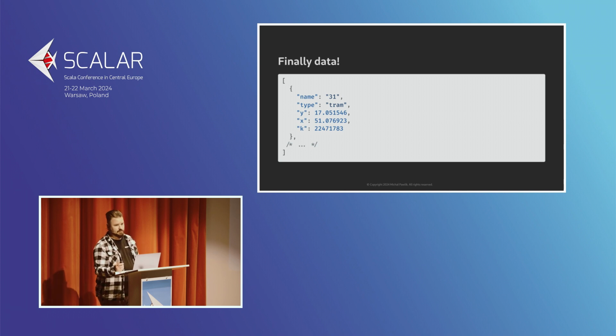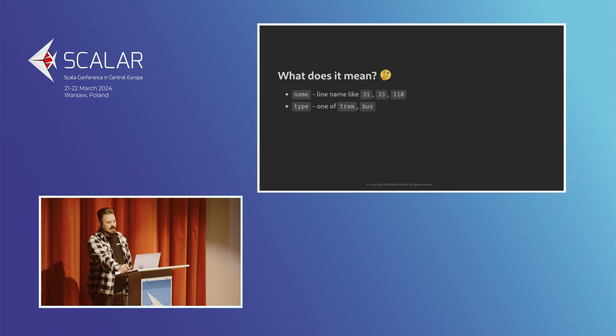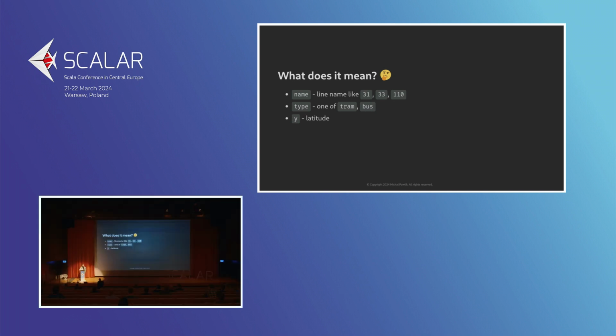So let's dig through it very quickly to learn what we are working with. What does that data mean? First thing was the name. That's quite obvious. It's the line number. Then there is a type. That's obvious, tram or a bus. Y, which I figured must have been a latitude. X, which is the longitude.